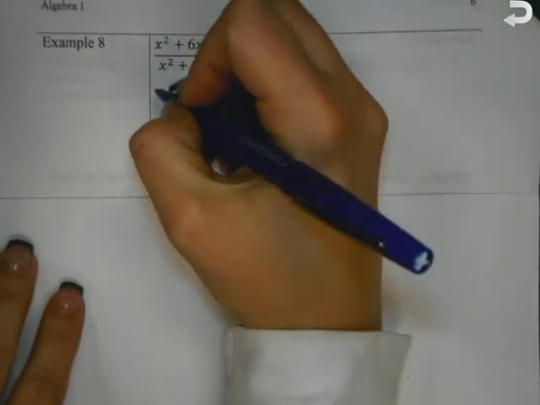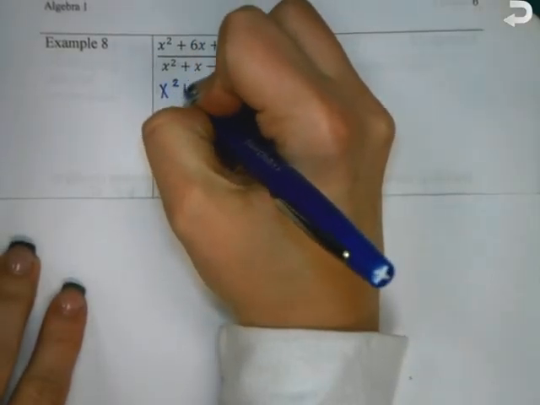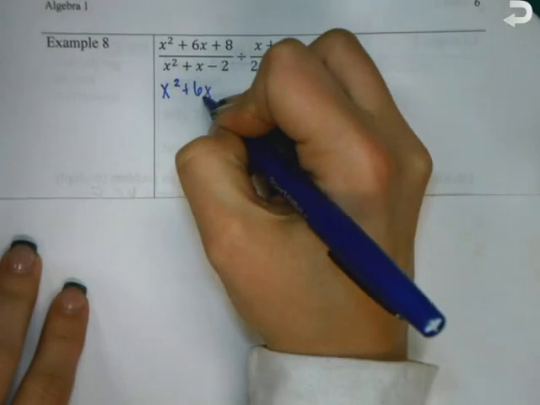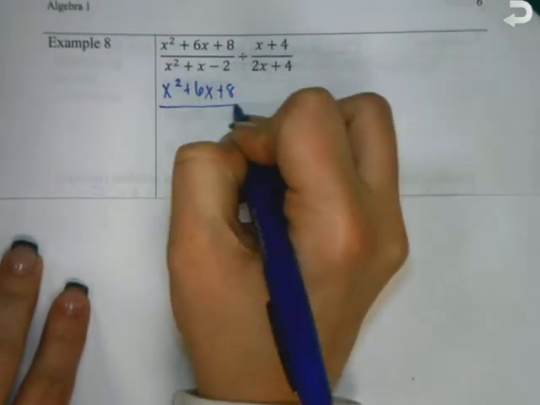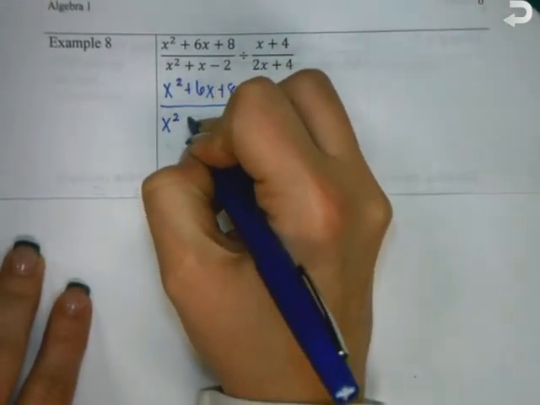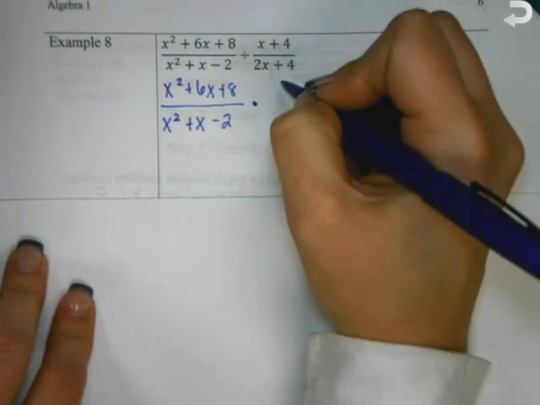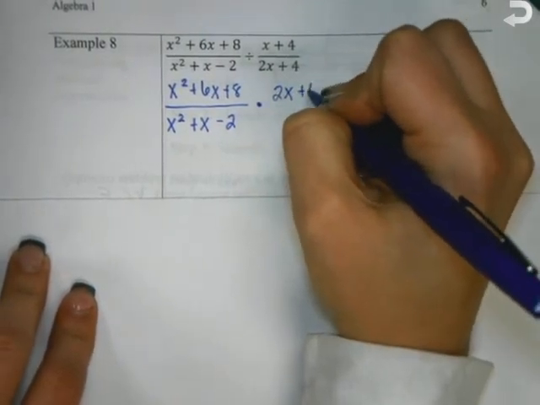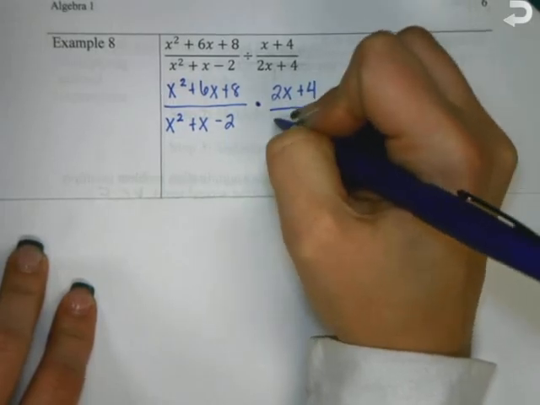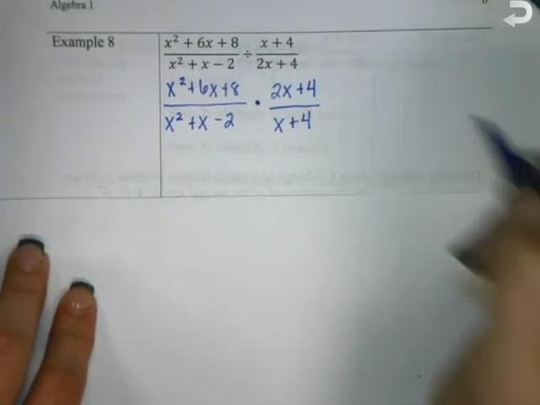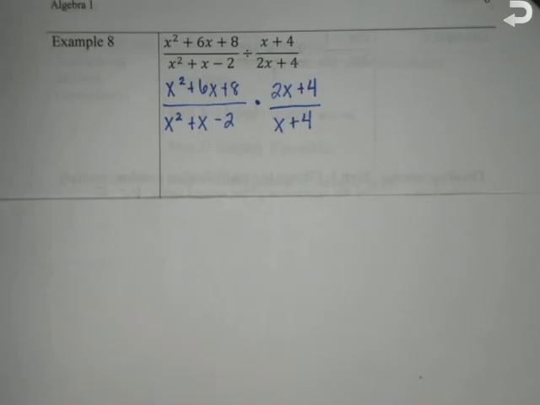So we keep it. Change it. And flip it. Okay, before I multiply these guys across, what do I have to do to each of them? Factor. So let's factor them.